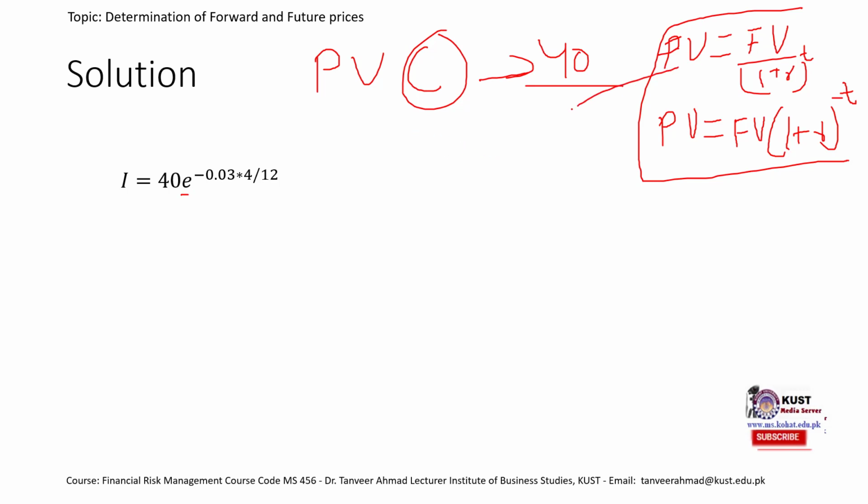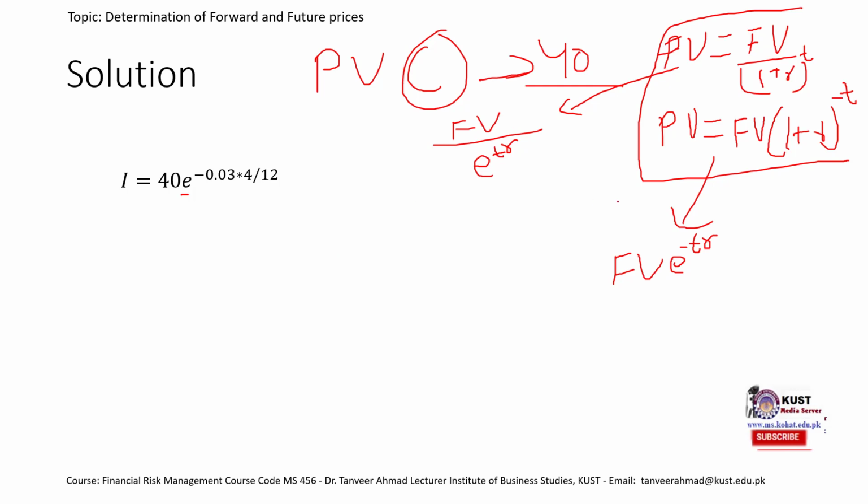So this formula would turn out to be FV divided by e raised to power RT, and this would be FV into e raised to power minus RT. Sorry, I missed the R here and here. So now whether we use this one or this one, they both are similar.